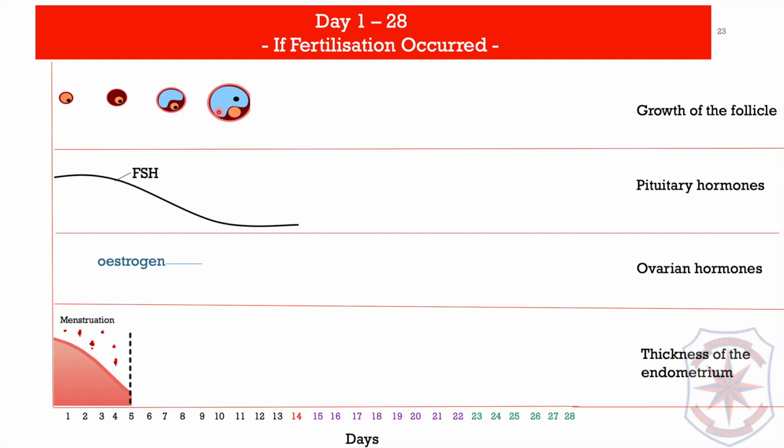The bigger it becomes, the more estrogen it produces. So we expect estrogen to start low, and as the Graafian follicle becomes bigger and bigger and bigger, we expect estrogen levels to rise up. Let's see if that's the case.